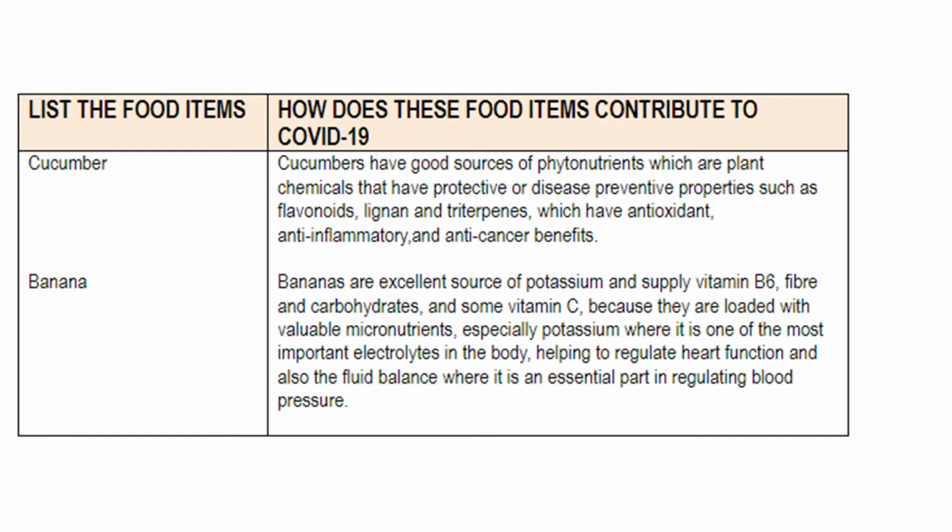Bananas are an excellent source of potassium and supply vitamin B6, fiber, carbohydrates, and some vitamin C. They are loaded with valuable micronutrients, especially potassium, one of the most important electrolytes in the body, helping to regulate heart function and fluid balance, and is an essential part in regulating blood pressure.